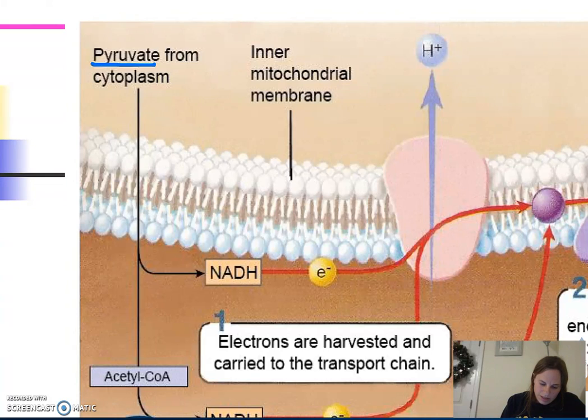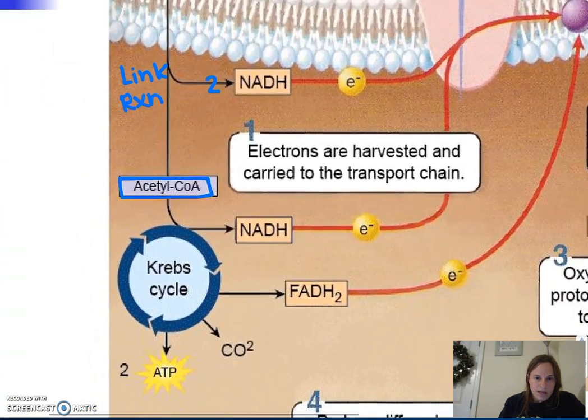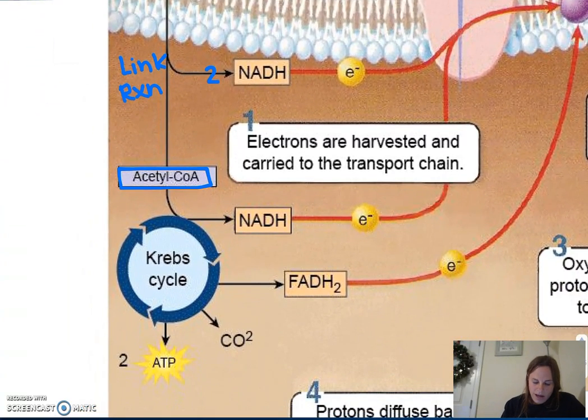And then we did the link reaction, which was the oxidation of that pyruvate, which gave us 2 NADH as well as acetyl-CoA. Can we also notice that the acetyl-CoA was then combined with OAA to create citric acid or citrate to be used for the Krebs cycle?